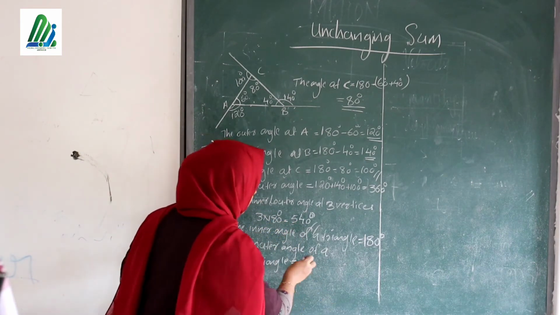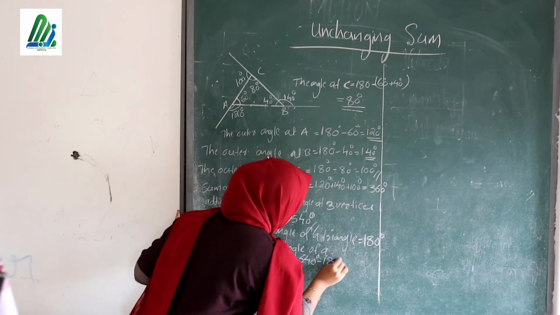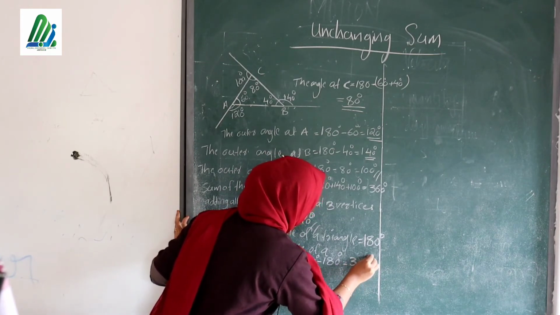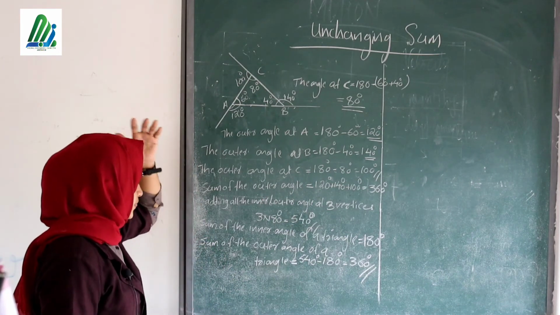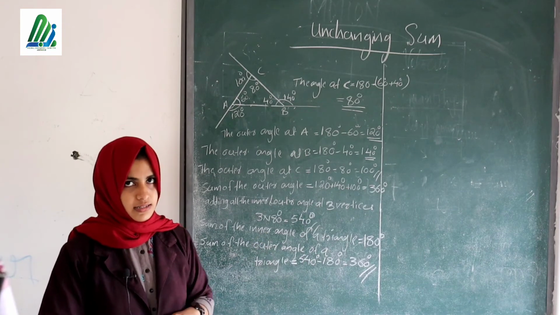When we subtract 180 from 540 degrees, we get 360 degrees. So the sum of the outer angles of a triangle is 360 degrees.